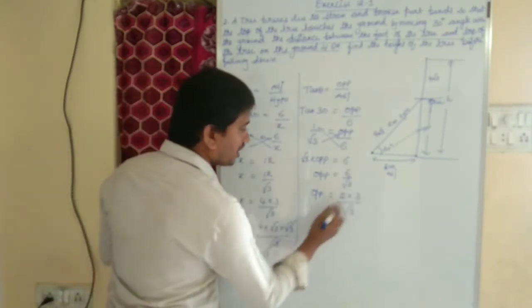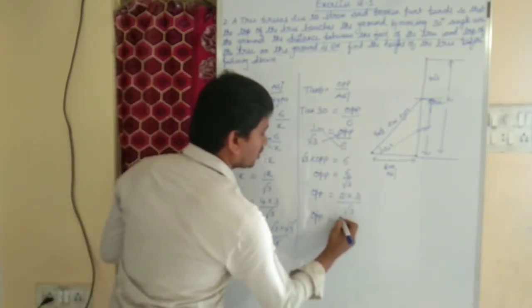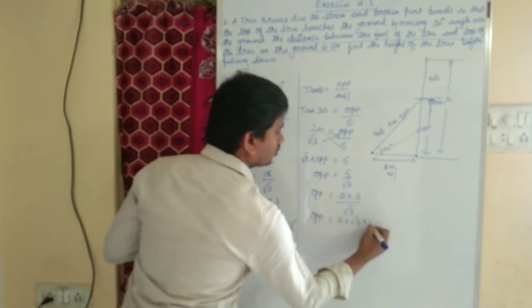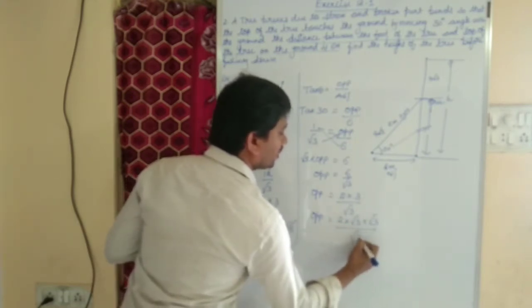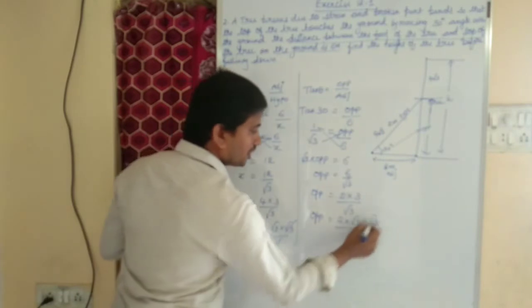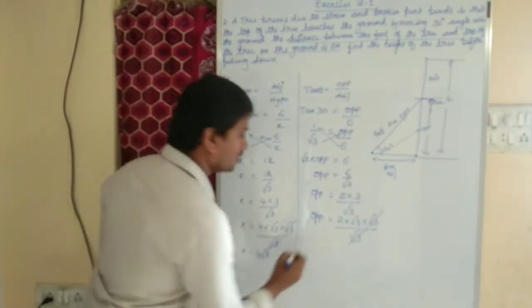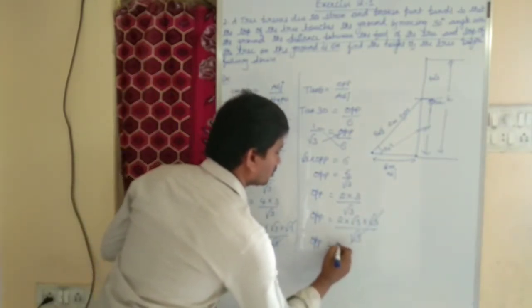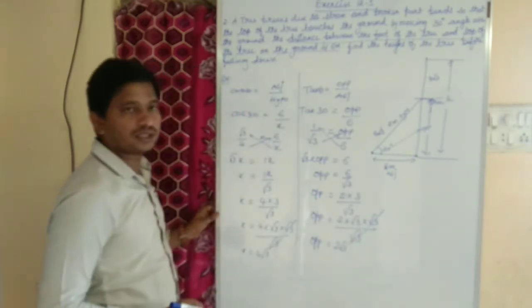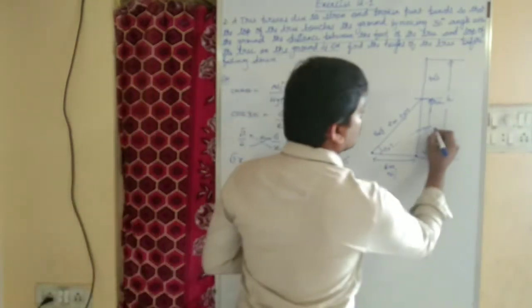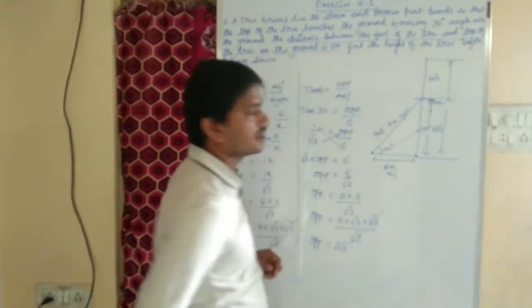Again this 3 I can write as root 3 into root 3 divided by root 3. So root 3 gets cancelled. So opposite equals 2 into root 3, 2 root 3, children. So this part, how much, children? This will be our 2 root 3 meters.